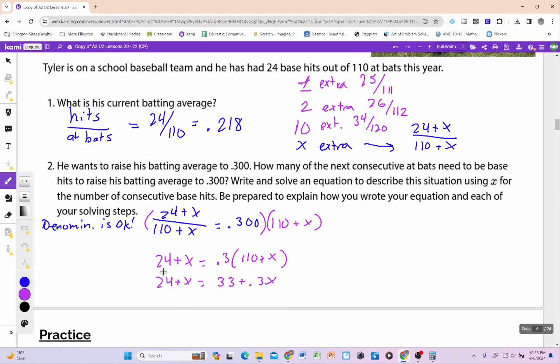So the next step, we want to combine all these like terms, right? You're crossing the equal sign. So we're going to subtract 24 from both sides, and so I get x equals 9 plus 0.3x. Subtract 0.3x from both sides.